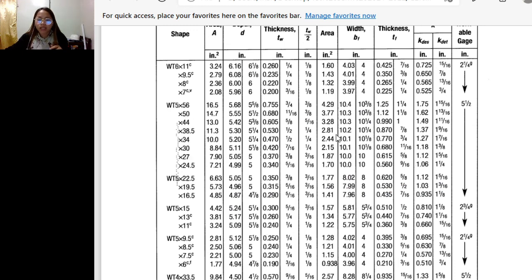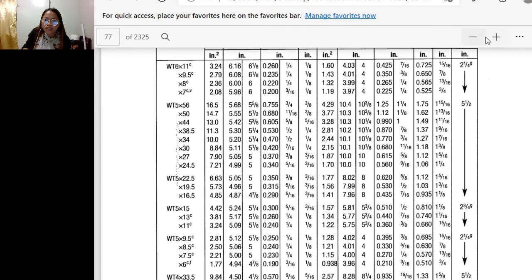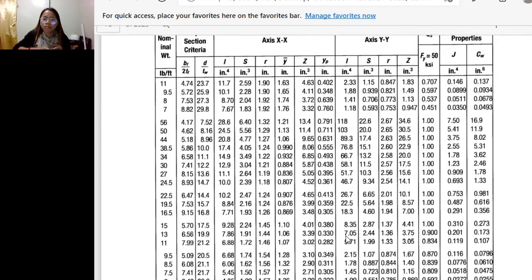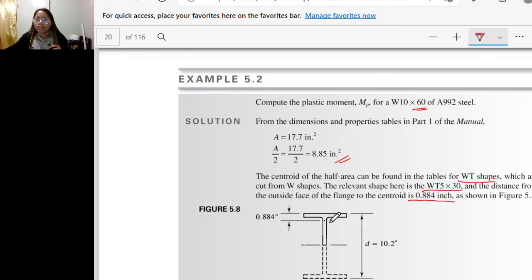So WT 5 by 30 is in the second table. The centroid from the outer or upper fiber to the centroid is 0.884 inch.